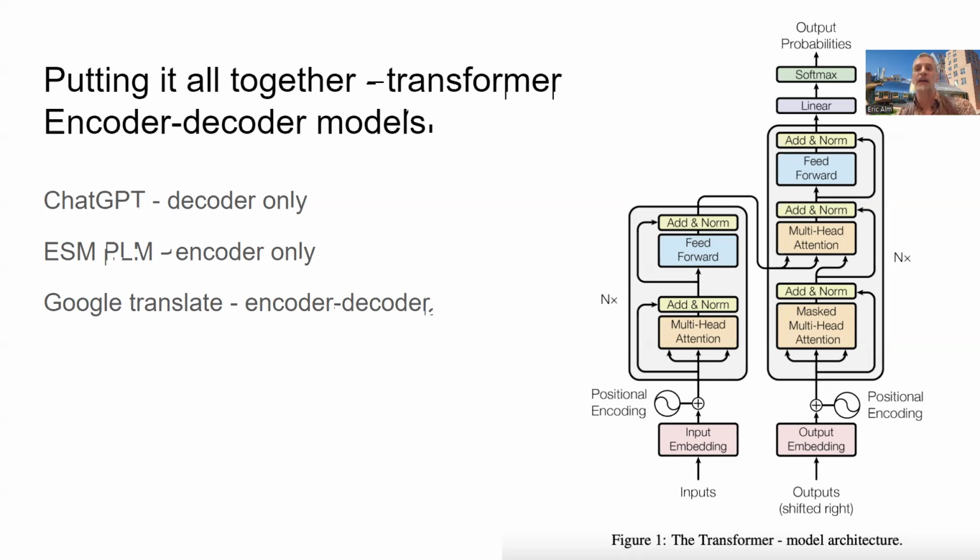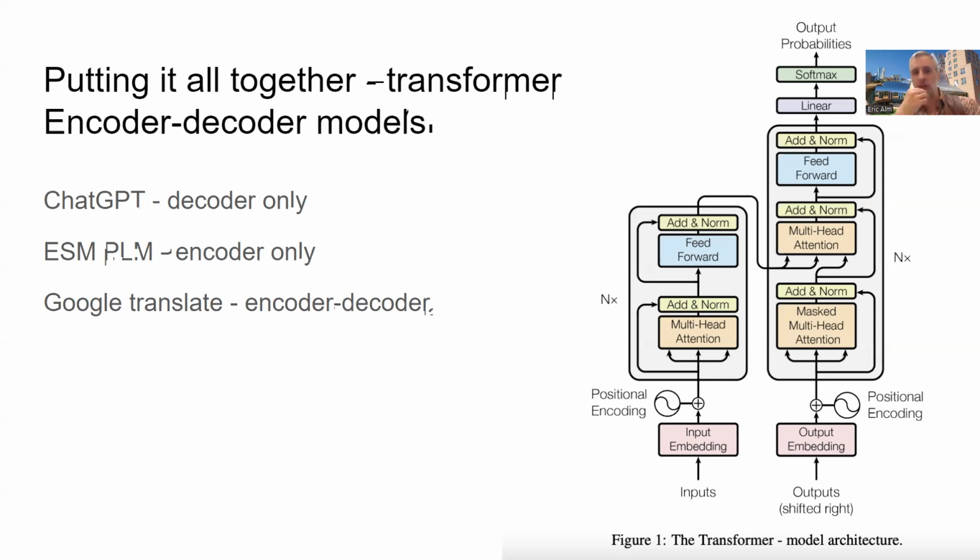And then at the very end, we'll have one more or maybe a couple more linear layers, just a really simple feed forward neural net. And then a softmax, and then we'll have our probabilities, whether it's probability for a particular word or an amino acid or whatever it is we're trying to produce.